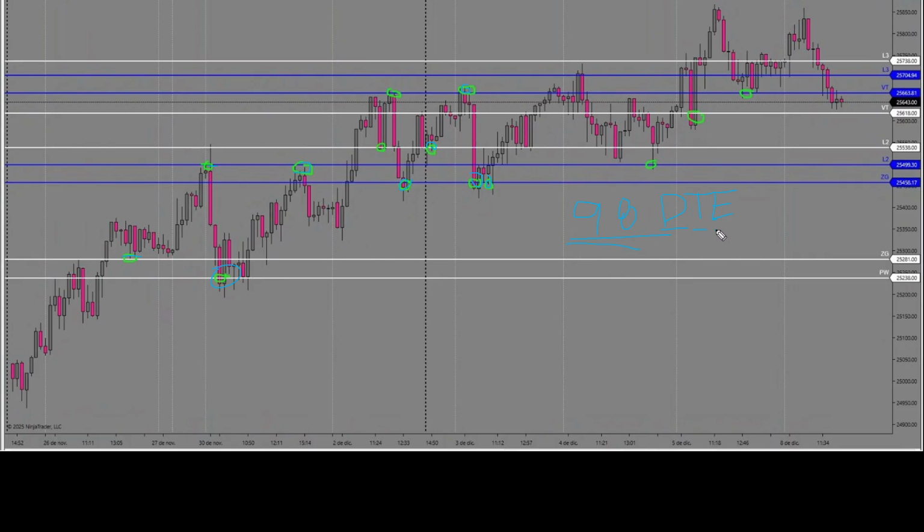98 days to expire. This is the date when all these levels will expire. It's not expiring today. It's all the ladders that expire from tomorrow, from day 2 to 98 days.